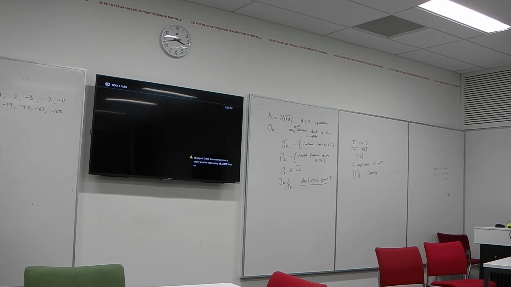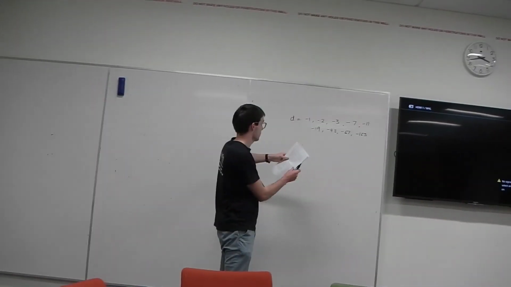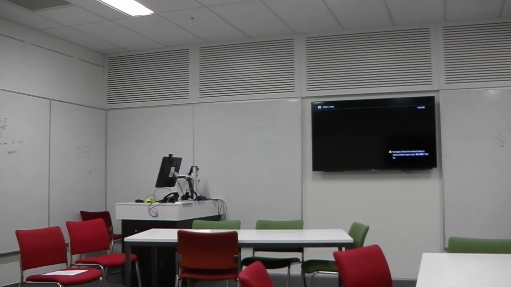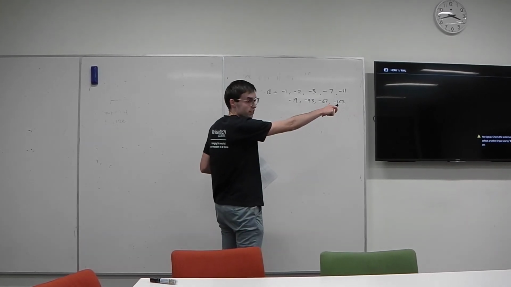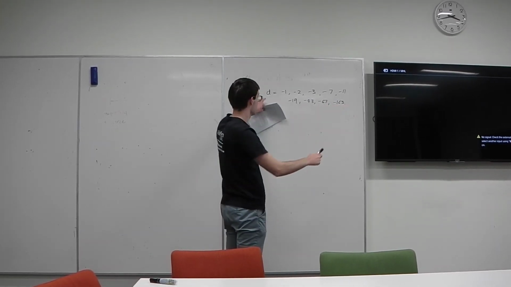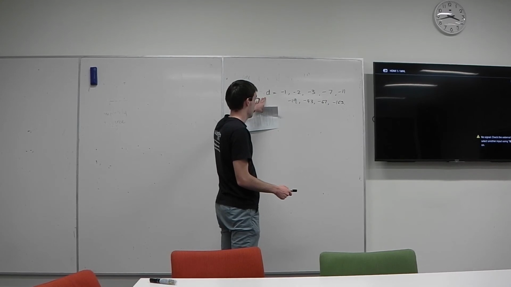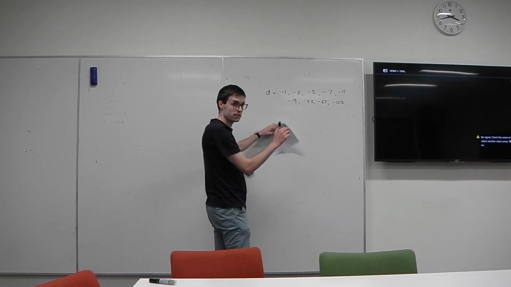Can you just repeat it, please? These D values are the only cases of imaginary quadratic number fields, so the only values of D less than 0 that have an ideal class group that's trivial.